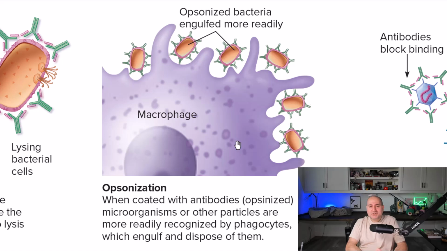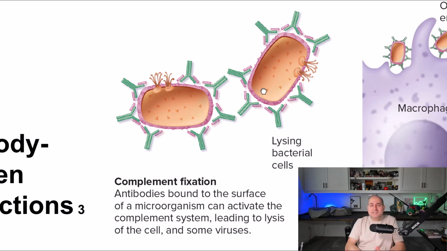Isn't that neat? But look, antibodies have more jobs than that. So let's talk about this. Do you remember in the previous chapter 14, we talked about complement proteins? Remember there were 30 different complement proteins in your blood? And remember I briefly mentioned that there are 3 ways to activate complement?